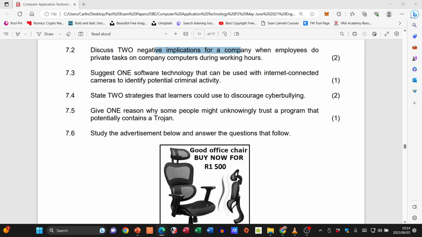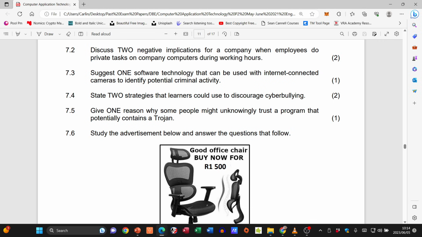We can use some sort of push technology to alert a user when movement is detected by the camera. We can also use facial recognition, and in different instances like number plate or license plate recognition as well. So those are just a few of the different technologies that we can use out there.